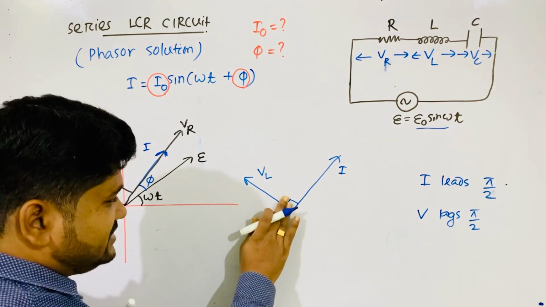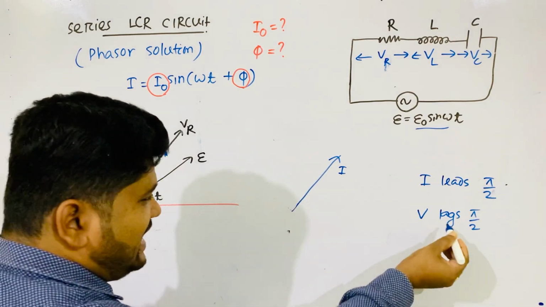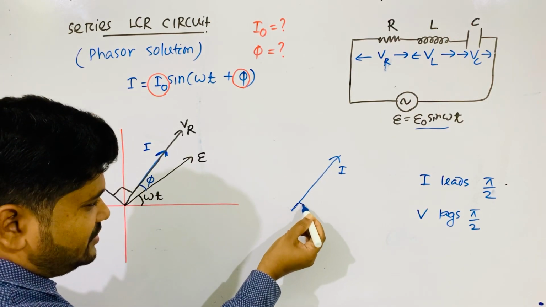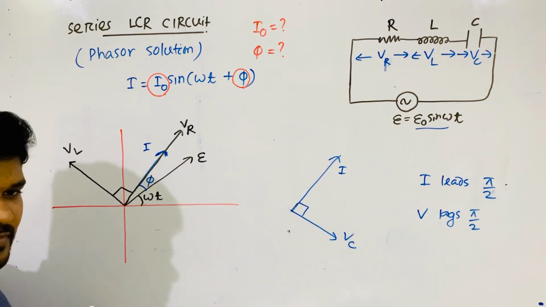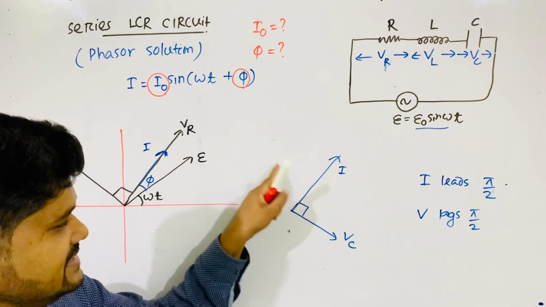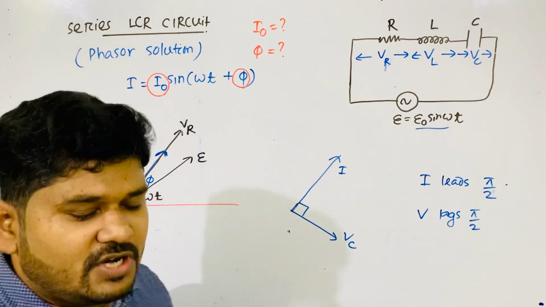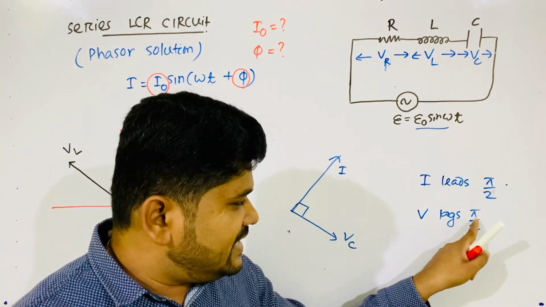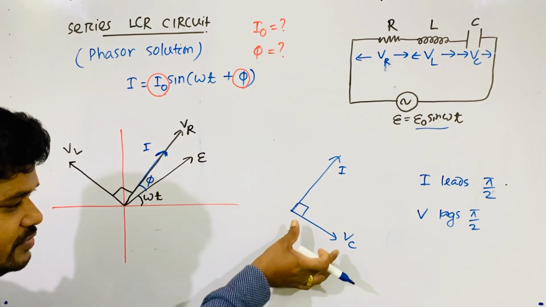If this is the current, voltage lags, which means it will come in this direction at 90 degrees. So this is VC. Lag means clockwise, leads means anti-clockwise. Positive means anti-clockwise, negative means clockwise. Voltage lag means automatically current leads.